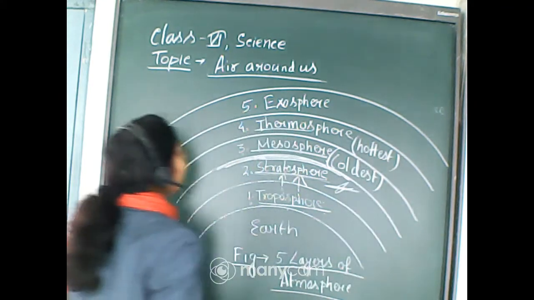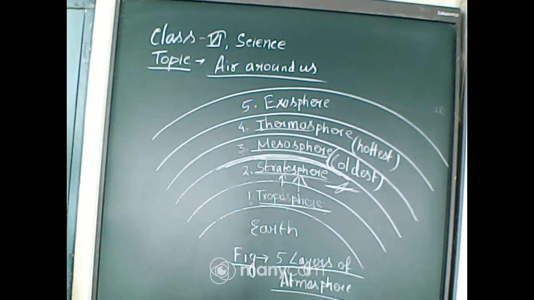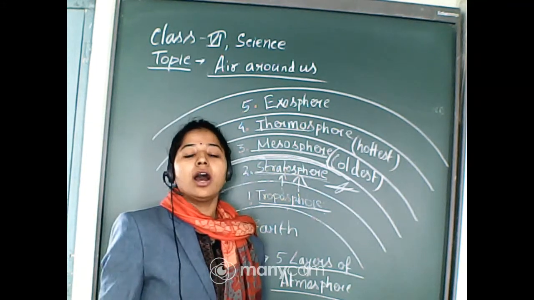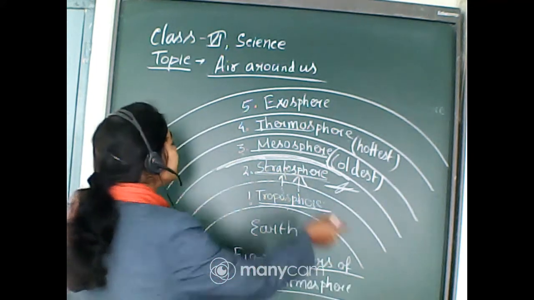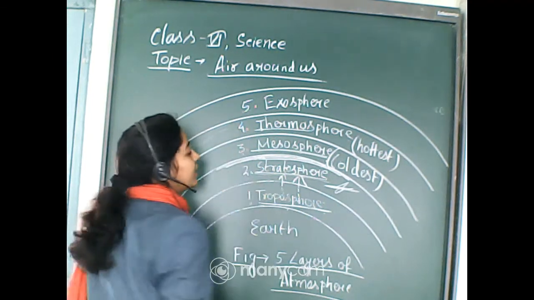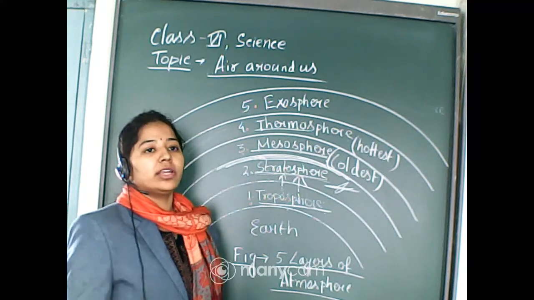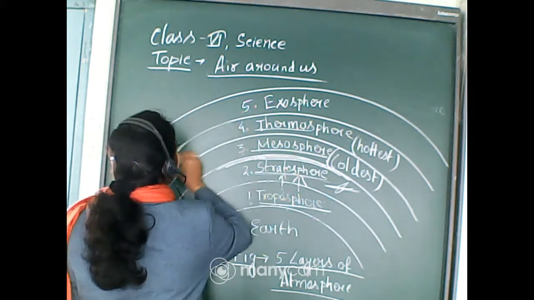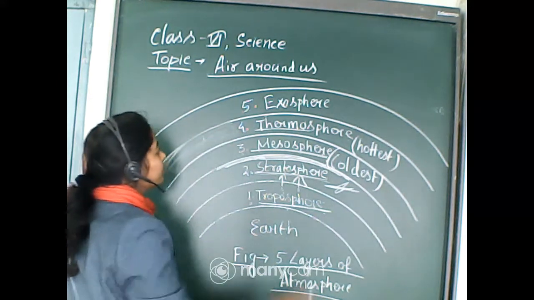In the thermosphere, space shuttles go to study the Earth from space. Many space shuttles and satellites are sent from the Earth for studying the Earth from space.